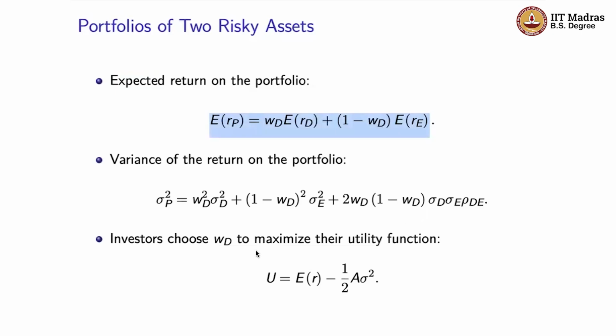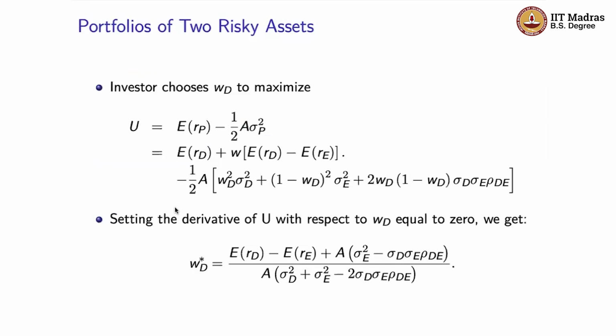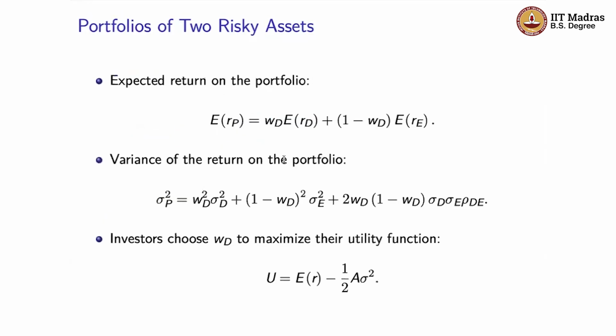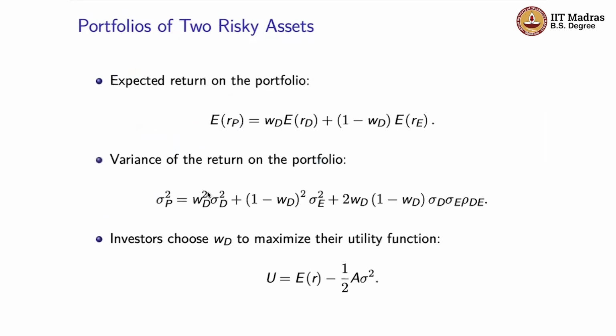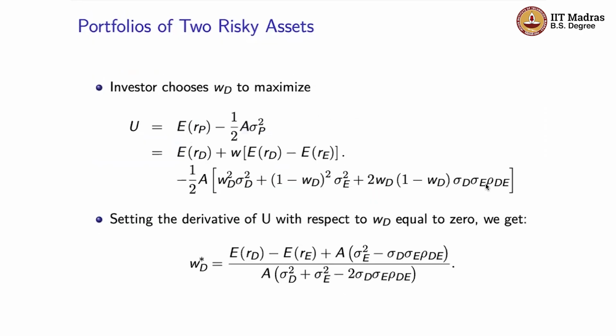And as before, investors are choosing WD to maximize their utility function, which is of the standard mean variance form. Okay, so what happens if we plug in the expected return and the variance of the portfolio? This is again what we want to maximize. So first we plug in the expected return of the portfolio. If you simplify this, this is nothing but this expression that you see here on top, minus A times the expression that you see for the variance of the portfolio, right?